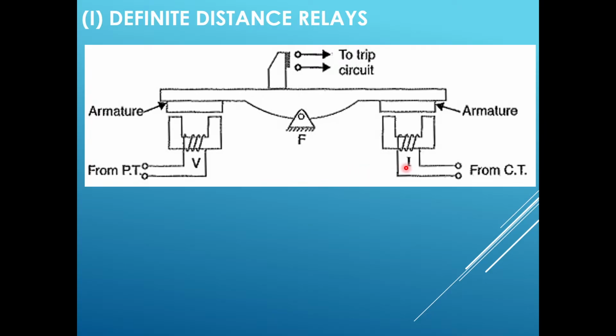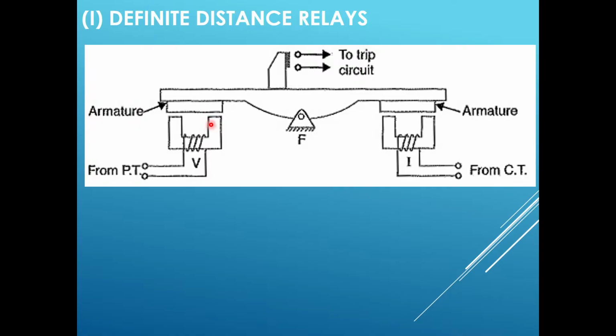Now if a fault occurs, the fault current will increase, and the CT will sense the fault current. When the current increases in the relay coil, the operating torque produced in this electromagnet becomes greater than the restraining torque produced in the other electromagnet. Therefore, this armature is attracted towards this electromagnet.